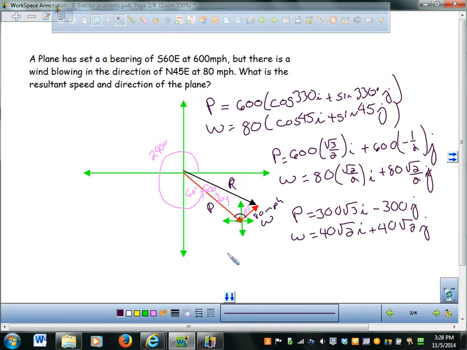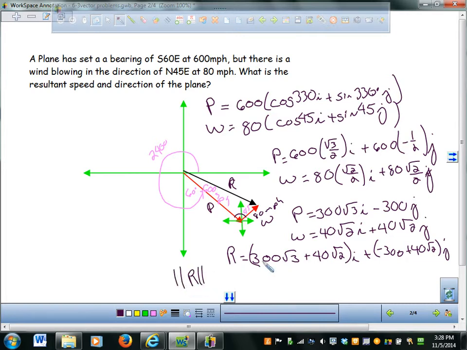So the resultant vector is going to be, you just add up the i components, 300 root of 3 plus 40 root of 2, all that in the i direction, plus negative 300 plus 40 root of 2 in the j direction. And what you want is the magnitude of that. And the way you take the magnitude is this whole piece of stuff squared plus this whole piece of stuff squared, and then you square root it.